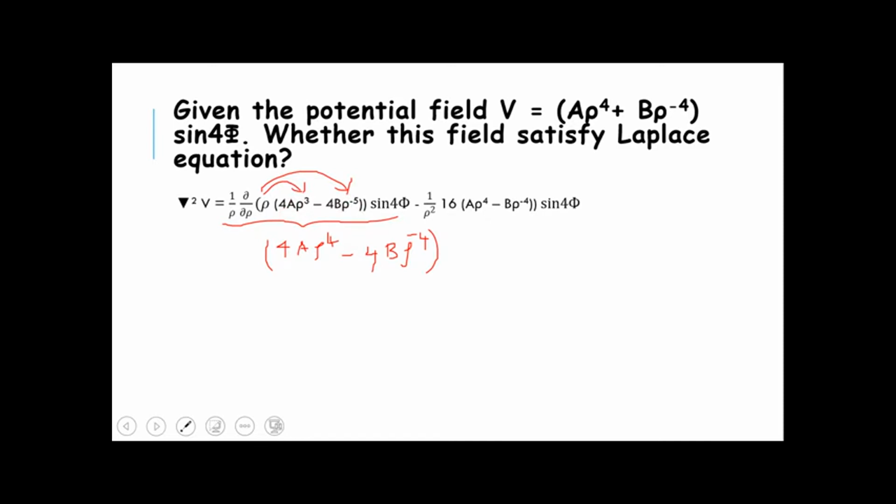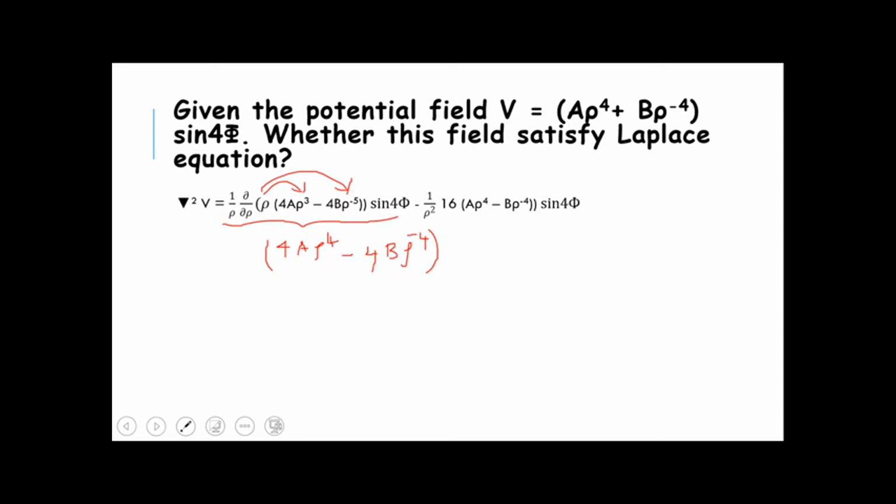Next I multiply this rho inside. So I have 4A rho power 4 minus 4B rho power minus 4, and I have to again partially differentiate with respect to rho. Sin 4 phi is constant with respect to rho, so I take it outside of the partial differential, and I partially differentiate 4A rho power 4 minus 4B rho power minus 4.